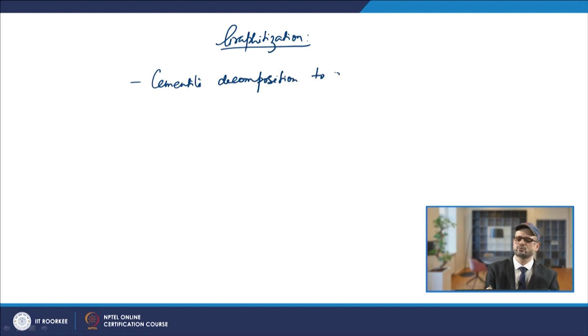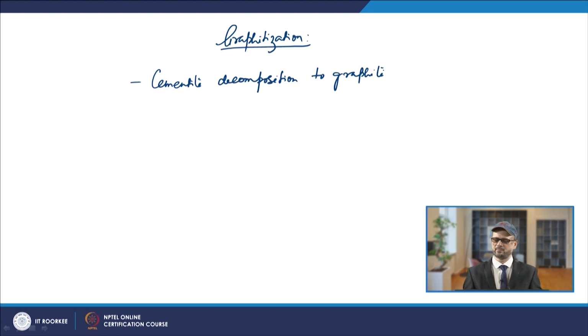Cementite decomposition to graphite will lead to a decrease in the strength of the weld, and you end up with the formation of graphite globules in the low carbon iron matrix.